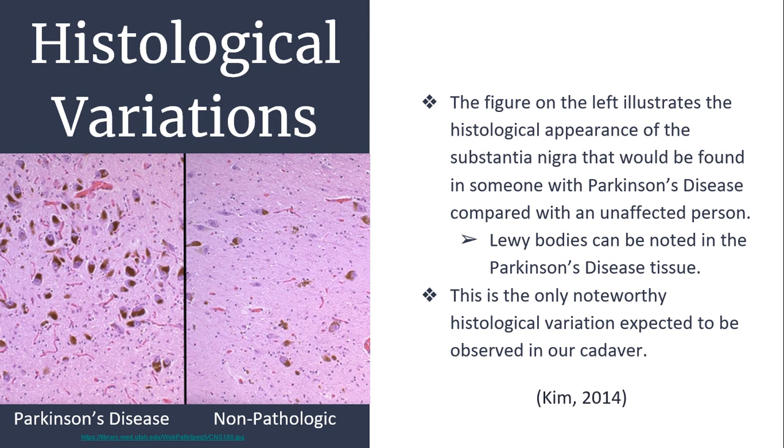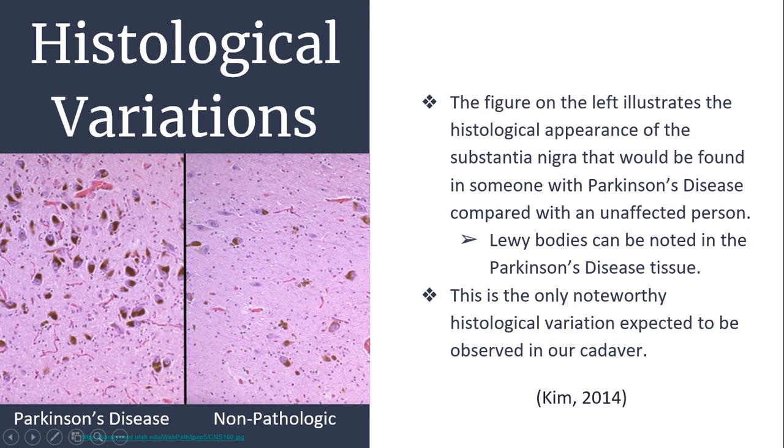On a histological, or microscopic, level, in Parkinson's disease there's usually a large amount of Lewy body deposits. Lewy bodies are just a protein aggregate. As you can see over here on this left figure, there are lots of these little deposits, and on the right side, the non-pathological figure, you can see that there are fewer deposits.